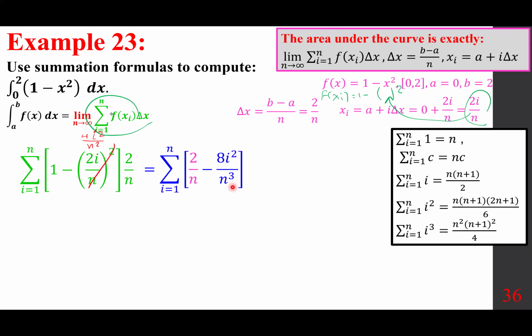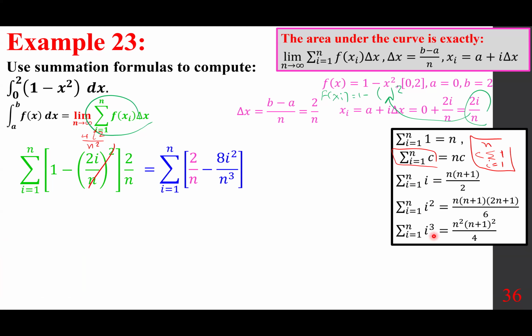When you want to evaluate this limit, you have to know this. And to finish the job, you want to make sure that you take everything out of the limit, and you keep 1 in there, or if there's a constant, you can take the constant out. If you take the constant out, this becomes c, this becomes 1, and it becomes n. That's the justification for this part. So you can see this is c times the summation of 1, i going from 1 to n.